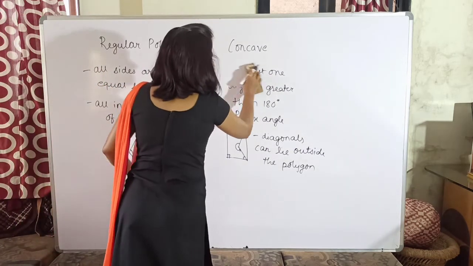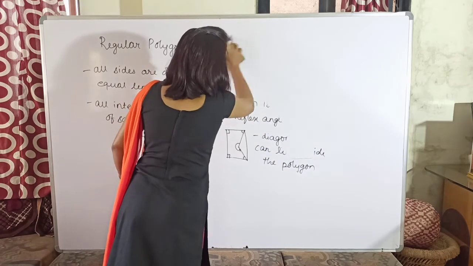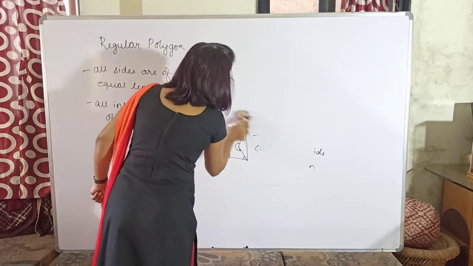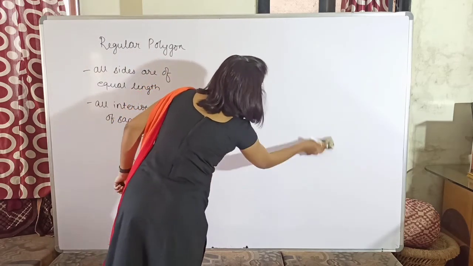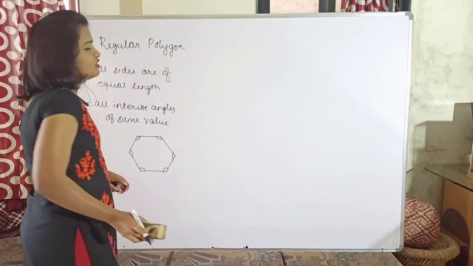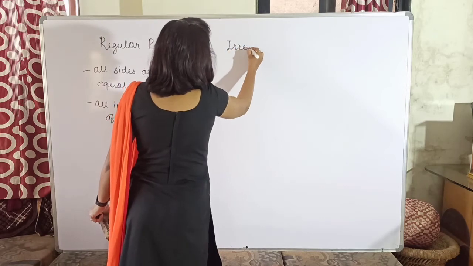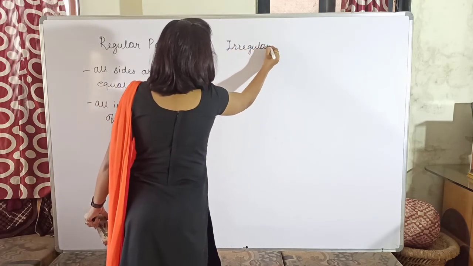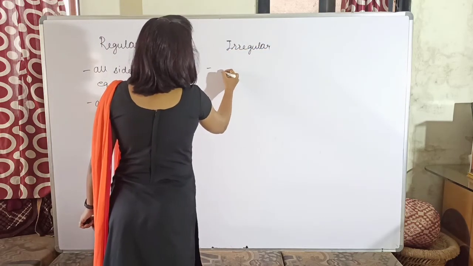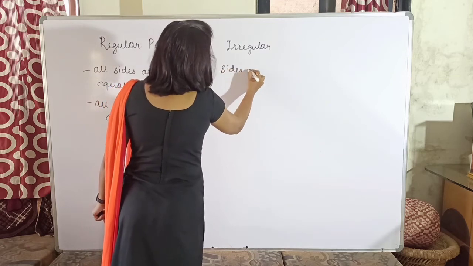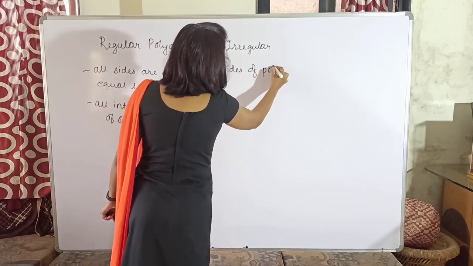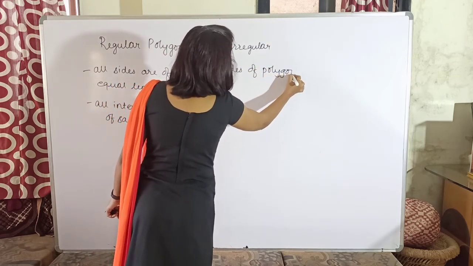Whereas an irregular polygon, which is the opposite of it, is one in which the sides of the polygon are of different length. It can be any one side or it can be all the sides.